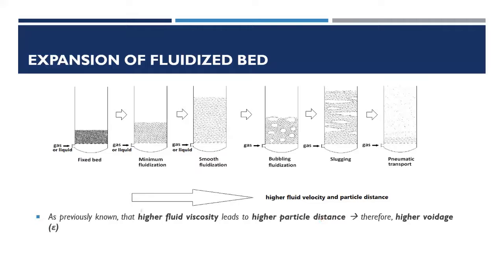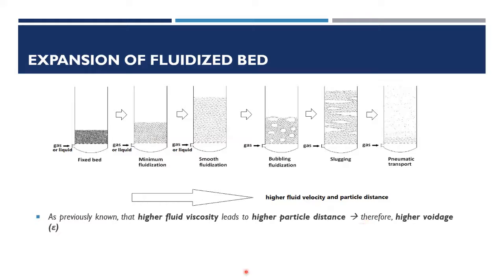Because if we have a higher velocity of the fluid, it will make the particles fluidize more. Therefore, it will have a higher particle distance, and therefore also a higher voidage or higher empty spaces.